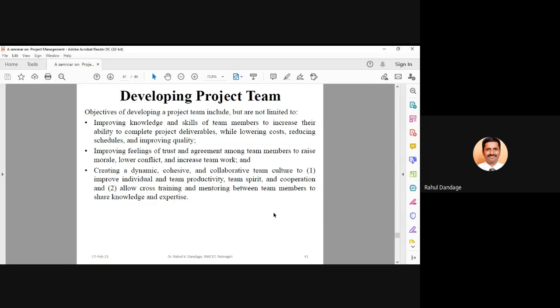Once the project team members are hired, recruited, and taken up, they should be trained, they should be developed, because training is different and developing is different. Training means formally we can give certain training, but when we say develop, then we must carry out certain specific activities which will develop the overall behavior and overall performance of your project team members.